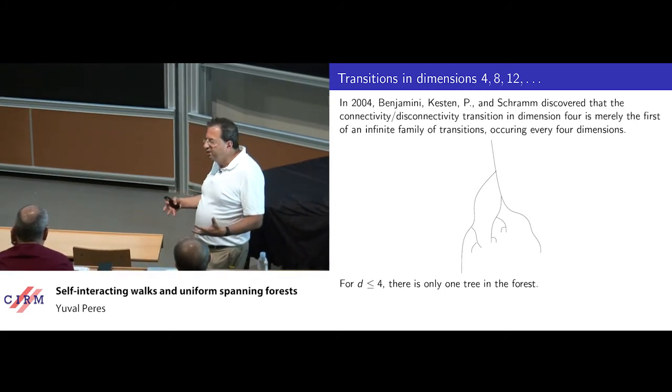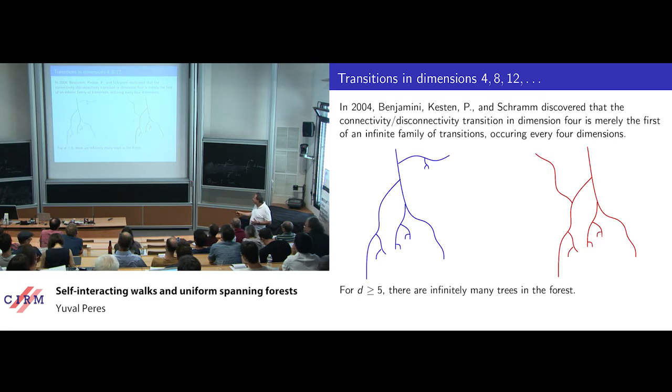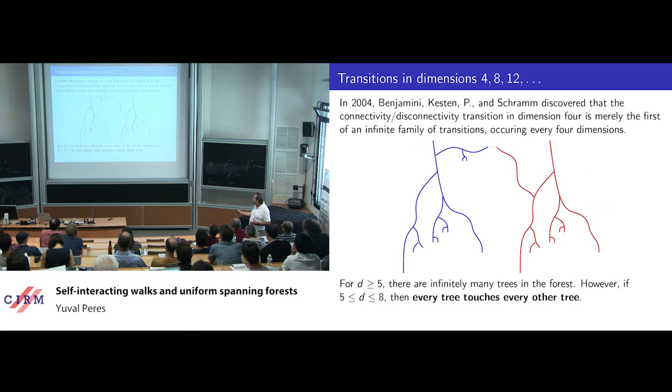But it turns out that any two of these components are adjacent. So there are infinitely many components, but for any two, you can in fact find infinitely many points where they are adjacent. Okay? So it was proved in this paper.